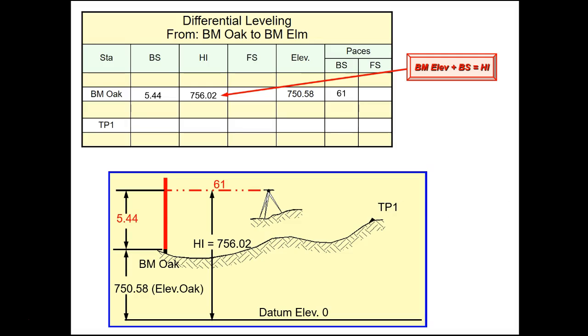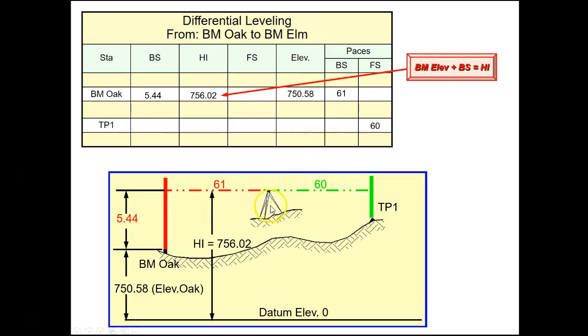Now we're ready to pick the rod up and move it over to turning point 2. We're going to measure our paces as we go. Our foresight paces on turning point 1, that's where that's going to go. We've moved our rod now, and we're going to take a shot over here.